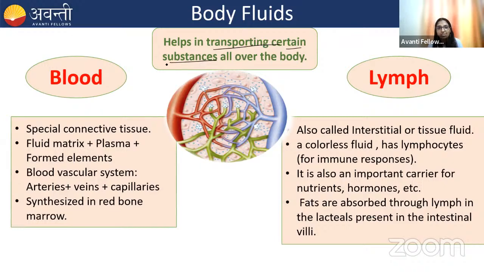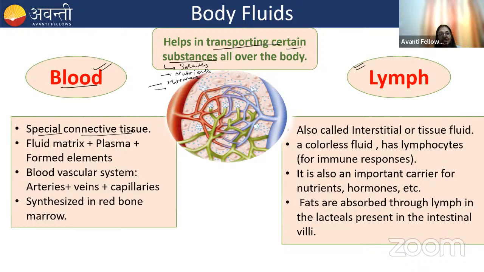These substances could be nutrients, solutes, hormones, and excretory products as well. There are two types of fluid which are mainly important: one is blood and the second is lymph.